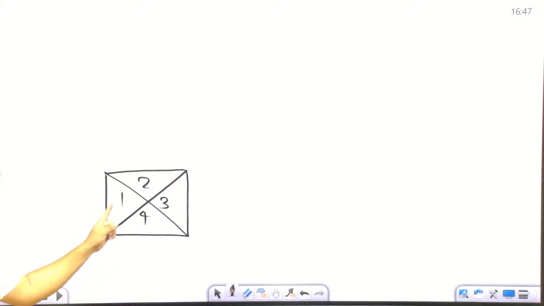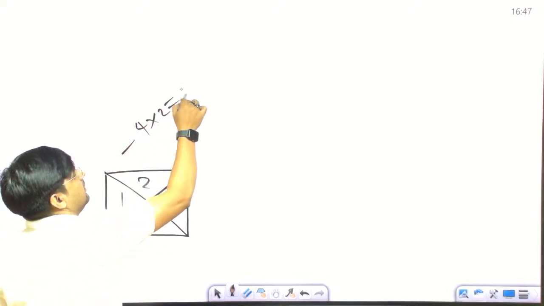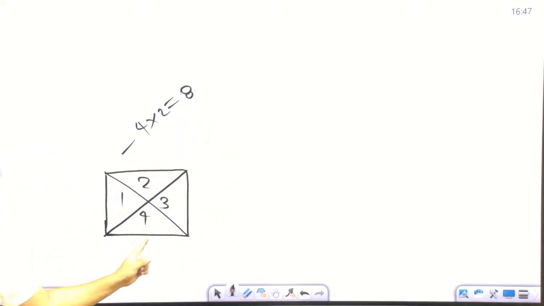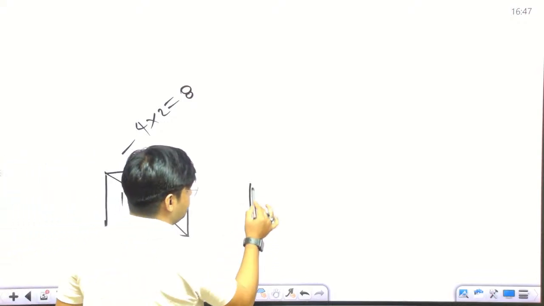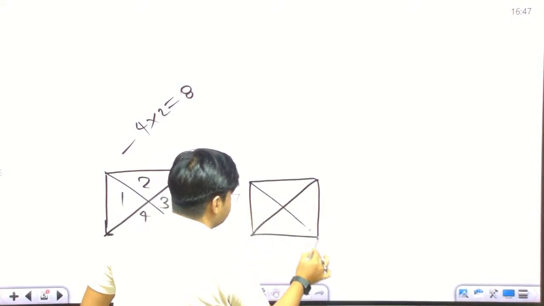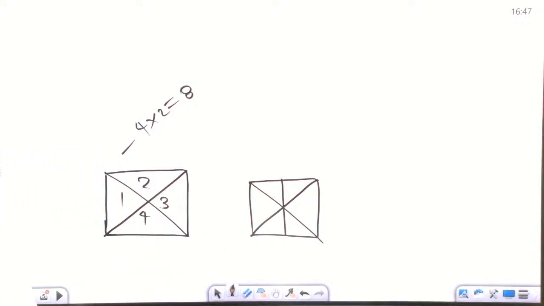There are 4 small triangles. We have to multiply by 2. 4 into 2. There are 8 triangles in this figure. Clear? How many triangles in this figure?